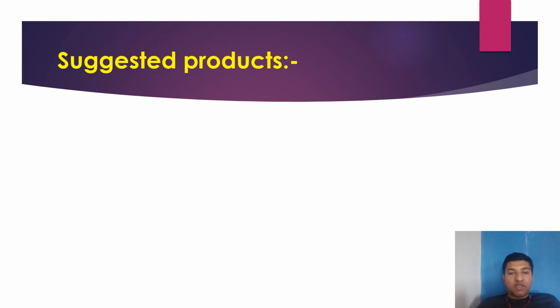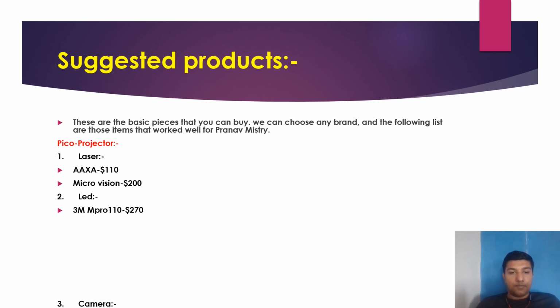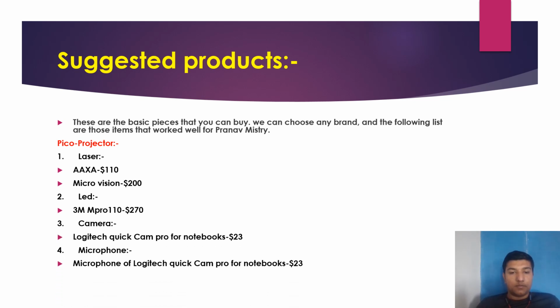Now let's see which are the best products to build this Sixth Sense system. First is the pico projector. In that, the laser we can use is AAXA, which is $110. Then MicroVision is $200.